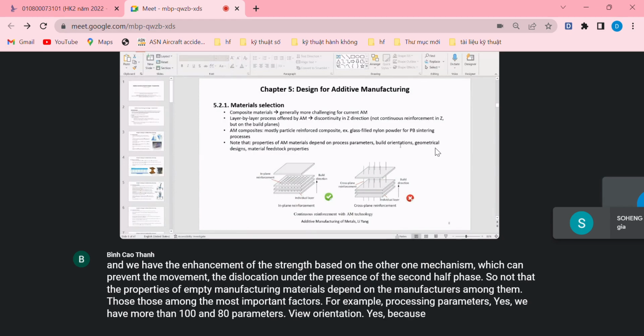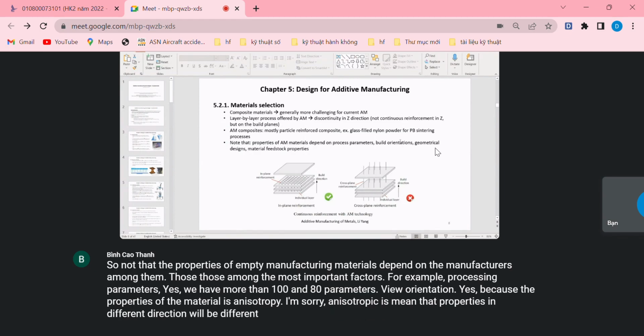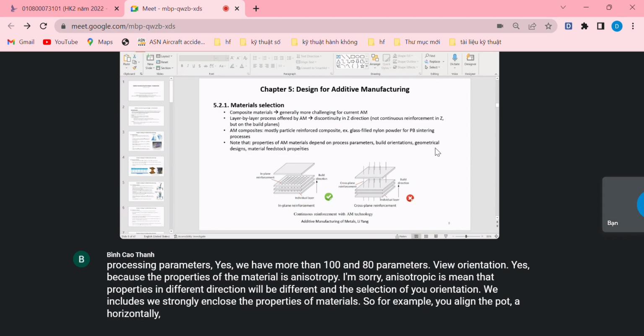Yes, because the properties of the material is anisotropic. Anisotropic means that properties in different directions will be different, and the selection of build orientation will strongly influence the properties of materials. So, for example, if you align the part horizontally, the properties will be different if you align it vertically with respect to the building substrate.